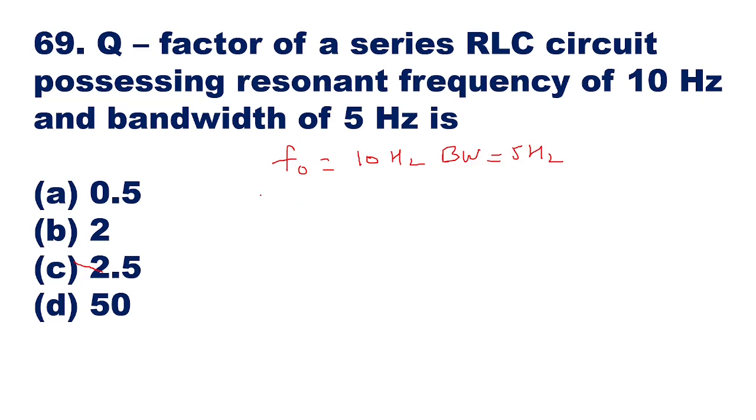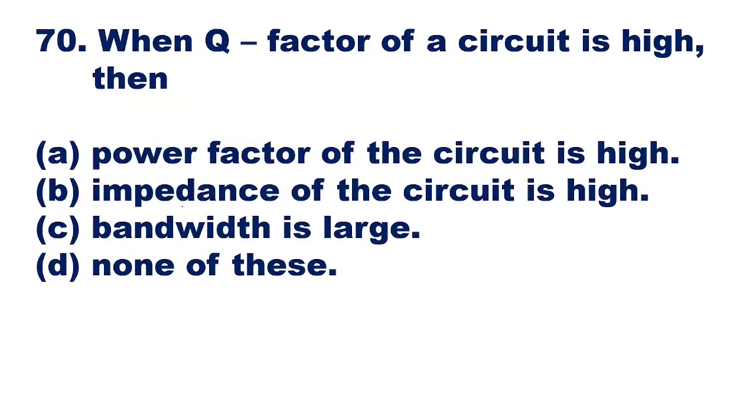Now we have the expression for quality factor: Q is equal to F0 upon bandwidth. This is nothing but 10 upon 5, which is 2. So option B will be the right answer here, 2. Then we'll go to the next question.